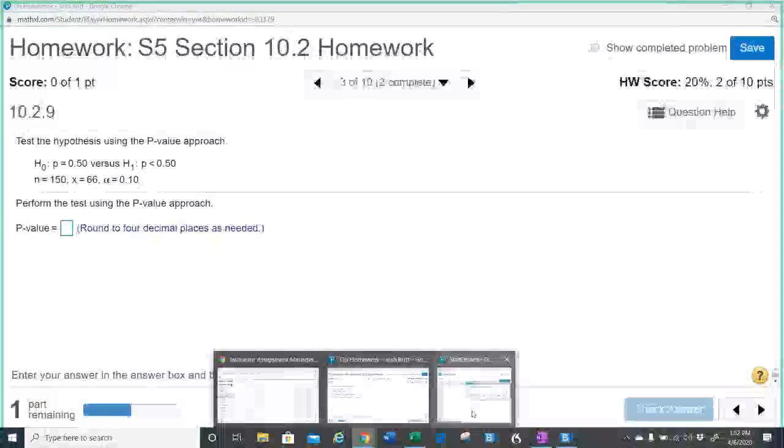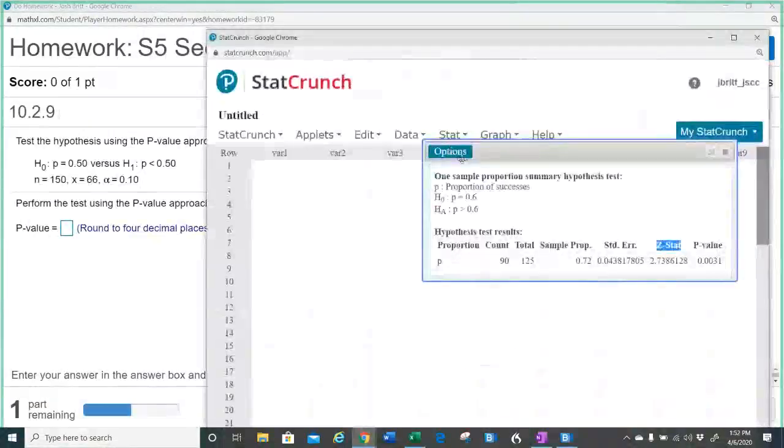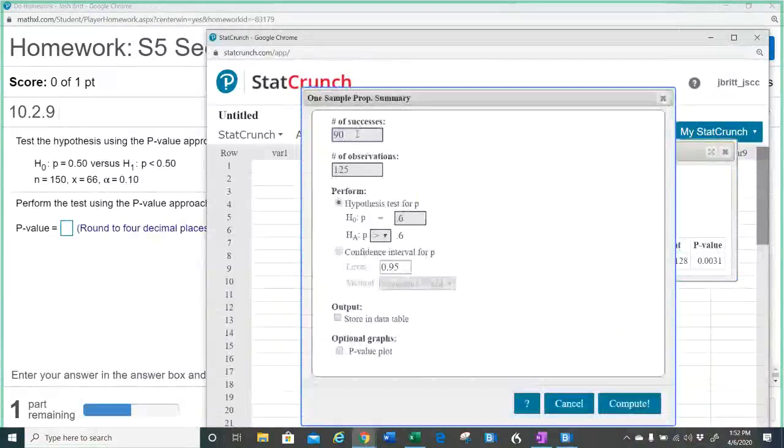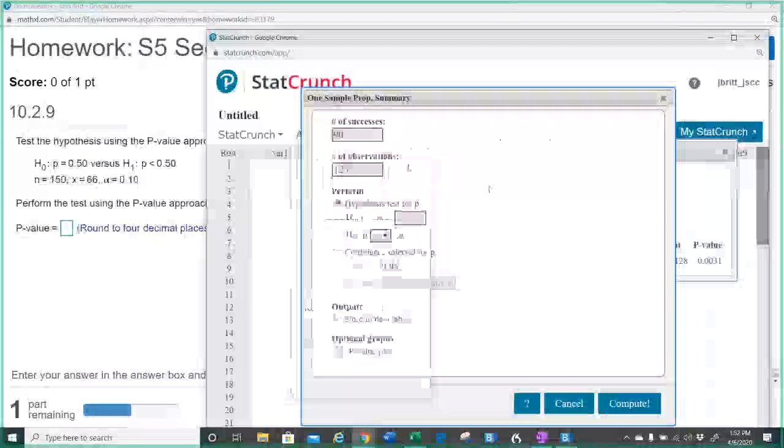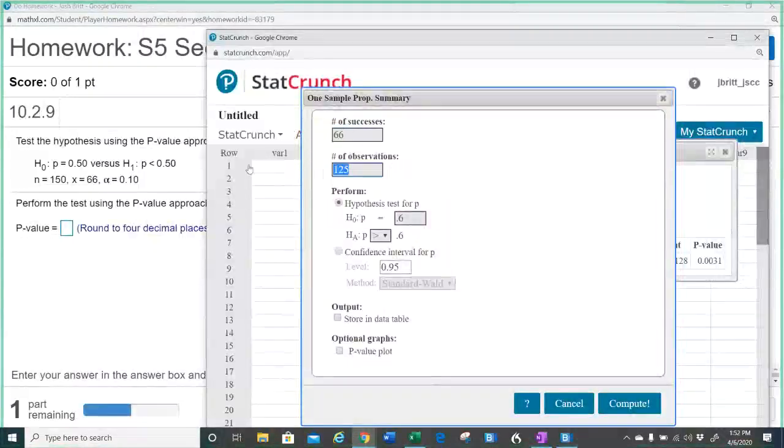Okay, so let's do another example. This time x is 66 and n is 150. The null is 0.5, and the alternative is less than 0.5. So compute.